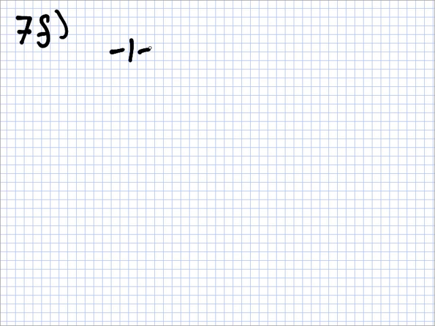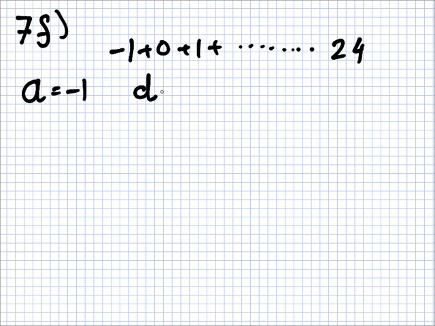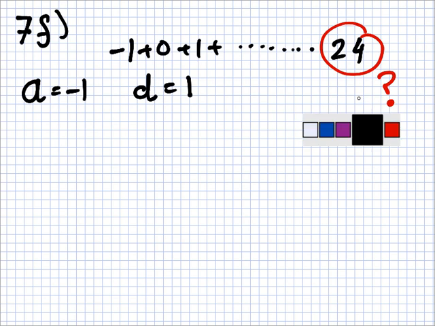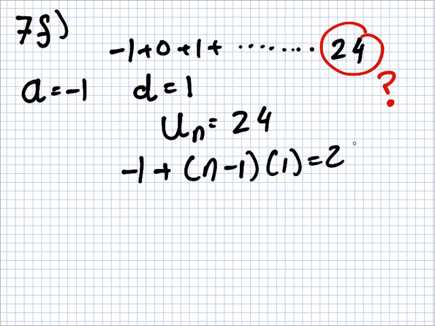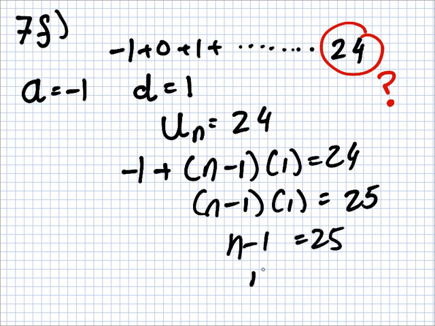So minus 1 plus 0 plus 1 plus dot dot dot up to 24. Okay, so the A is minus 1 and the D is 1. And we need to figure out how many terms there are. So we do that by saying UN equals 24, A plus n minus 1D is 24, n minus 1 times 1 is 25, n minus 1 is 25, n is 26.